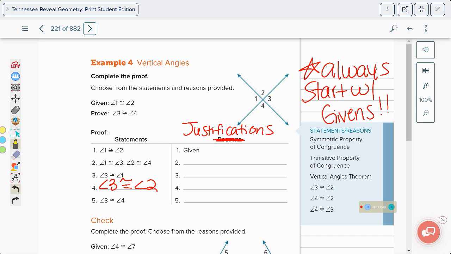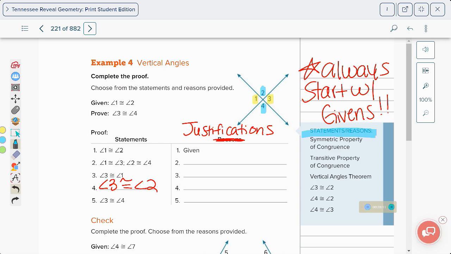Statement 2 says angle 1 is congruent to angle 3, and angle 2 is congruent to angle 4. So we learned about those types of angles. We want to give a reason why that statement might be true. And I'm going to look here in my word bank.